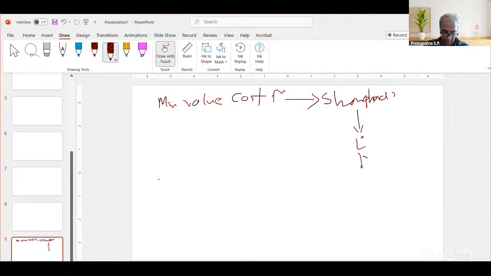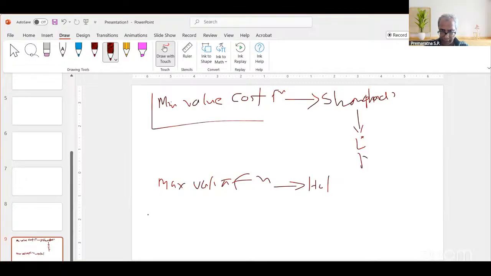And also last time I discussed the maximum value profit function, its properties, and the Hotelling lemma also I discussed.